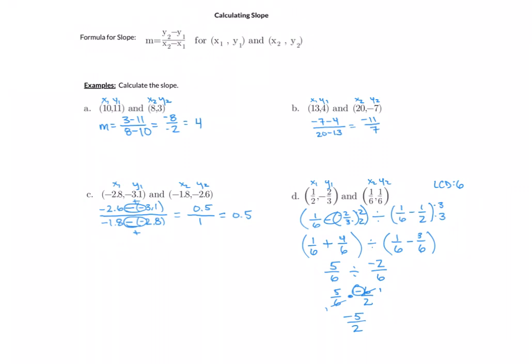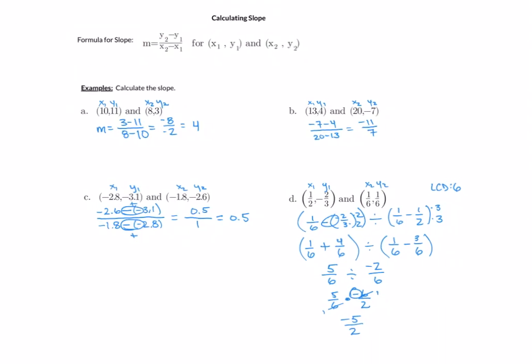Okay, now slope tells us lots of different things. One of the main things it tells us is increasing, decreasing, horizontal, or vertical. It tells us what kind of line we have. It also tells us whether it's a steep line or a shallow line. So just remember that if you have a positive slope, it is increasing.